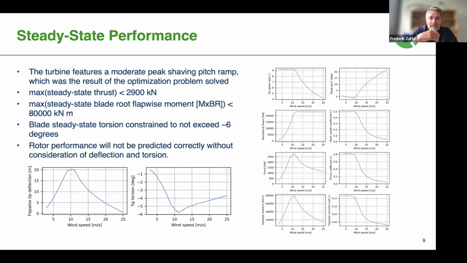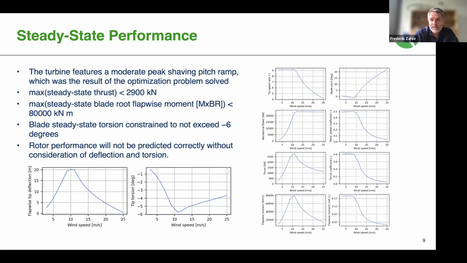If we move on to the steady state performance, we can here see the consequence of the design constraints, where we allow the simultaneous design of the pitch ramp with imposed constraints on loads and deflections, where we see that there is a moderate peak shaving introduced into the design that is then also reflected in how the structural design comes out of the design tool chain.